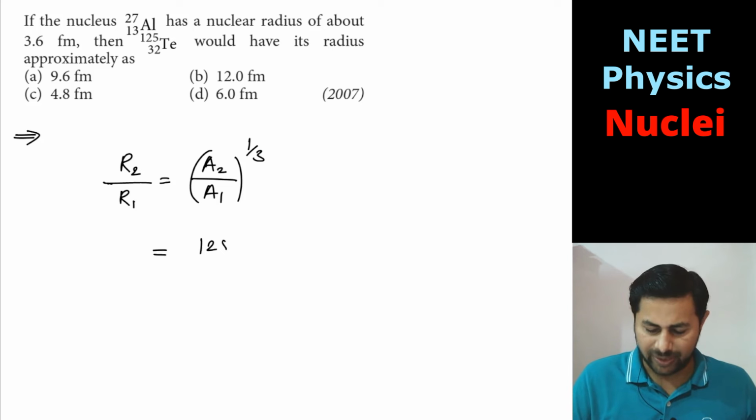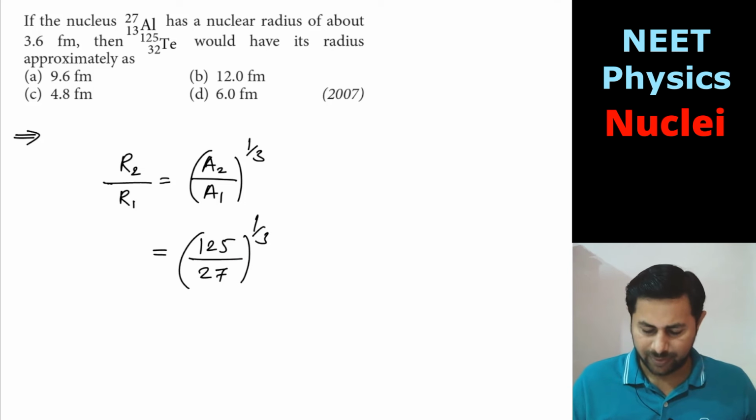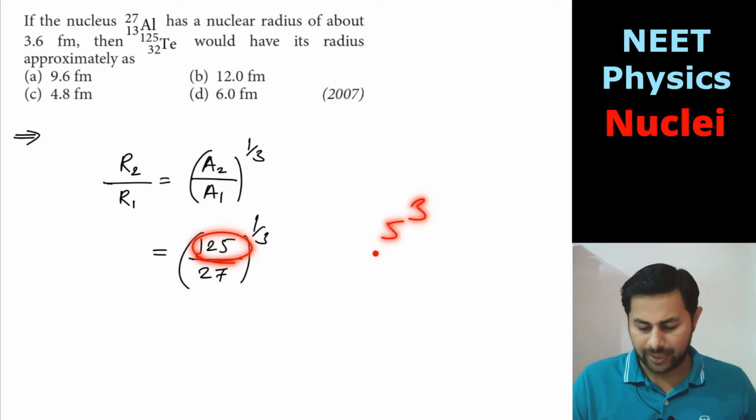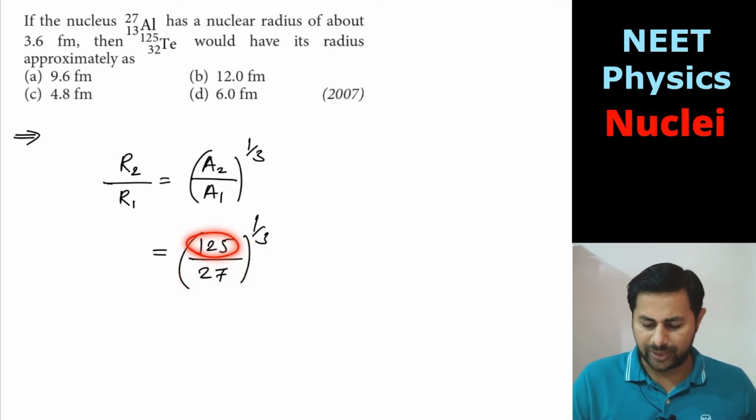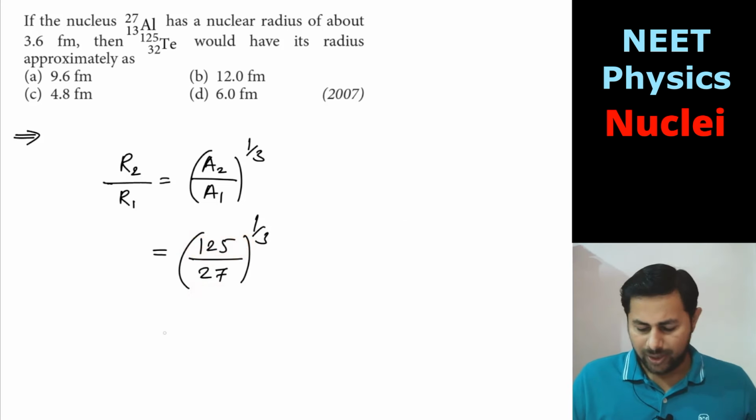And that is 125 divided by 27 raised to 1 by 3. So 125 is cube of 5, right? 27 is cube of 3. So this is 5 by 3 cubed, raised to 1 by 3. That means it gives you 5, and this gives you 3.